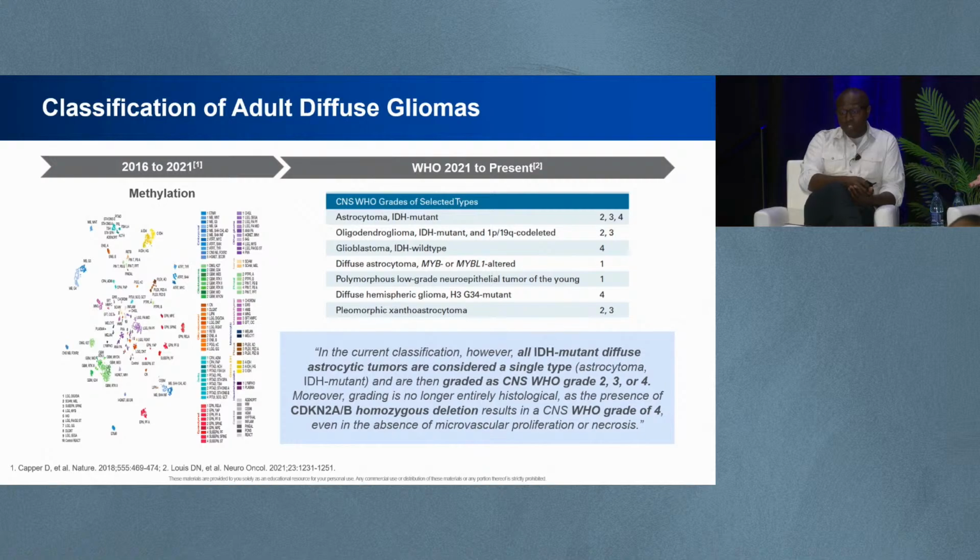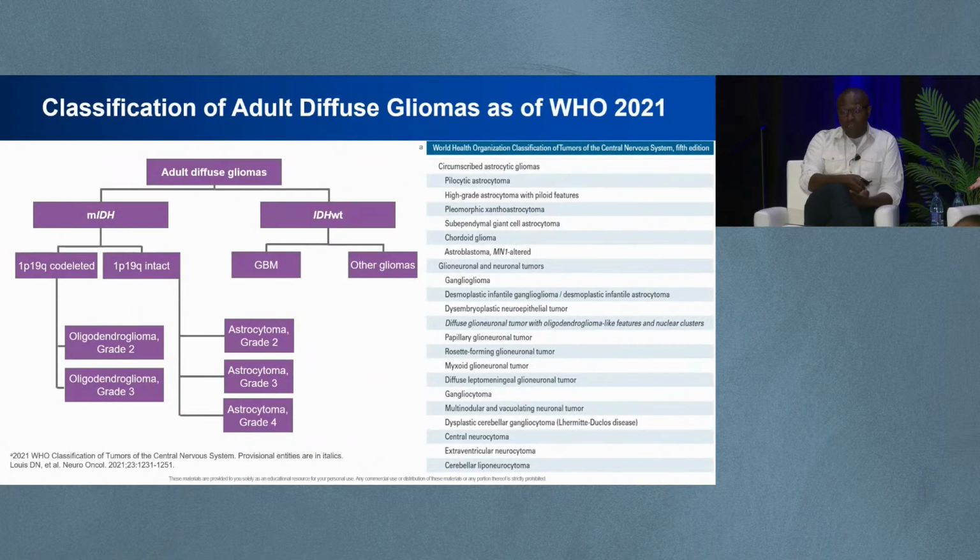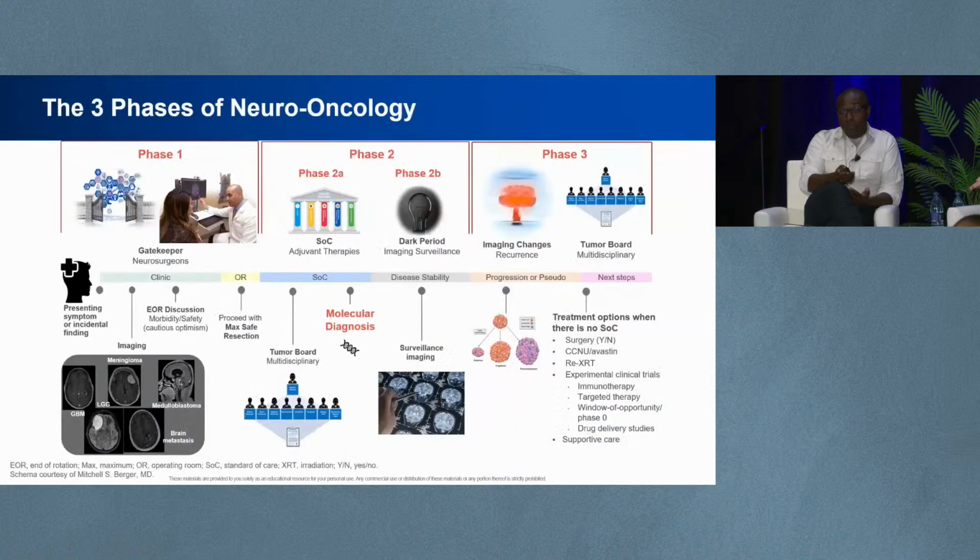So all IDH-mutant diffuse gliomas are now considered a single tumor type as opposed to astrocytomas or oligodendrogliomas. Then we kick out, based on CDKN2A and B mutation, those patients into a WHO grade 4 status based on some other histologic features. And these are the histologic definitions that we all know so well.